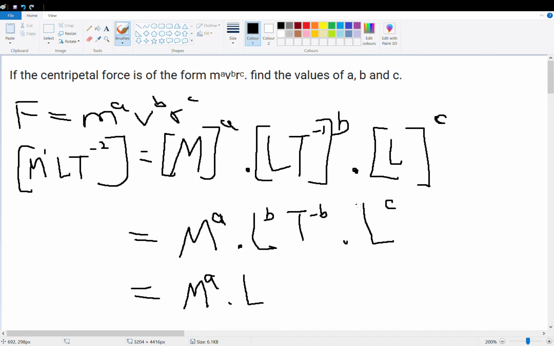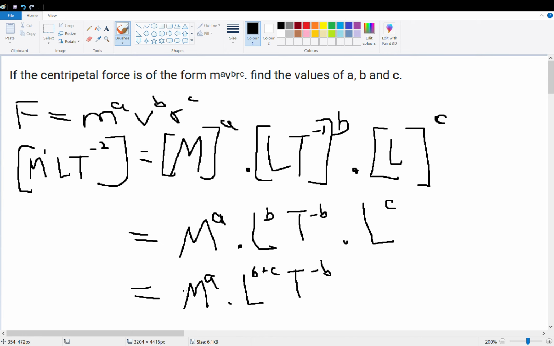So you don't multiply b and c, but rather you add b and c. So it's going to be b plus c in this case, and then T to the power of minus b.